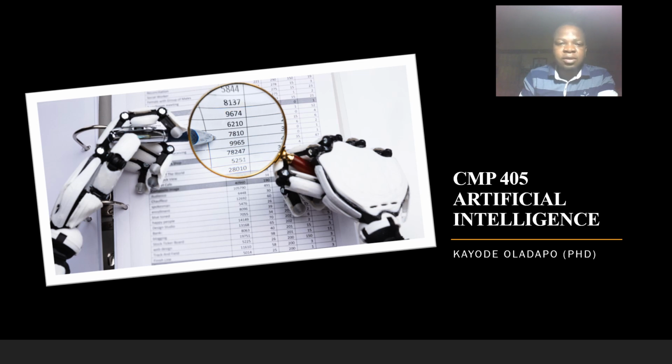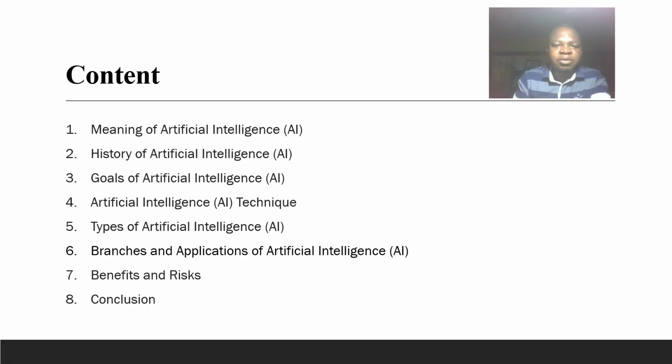Having discussed the course link, introduction, and course outline in line with the reading materials during our week 1 introductory class, the content of our week 2 class, which is Introduction to Artificial Intelligence, is the meaning of AI, history of AI, goals of AI.